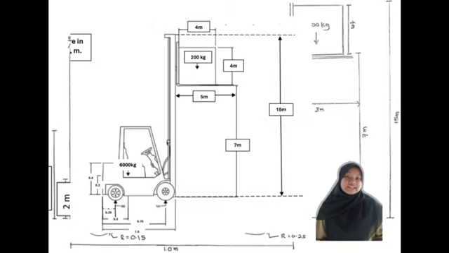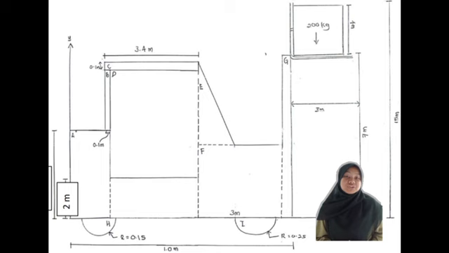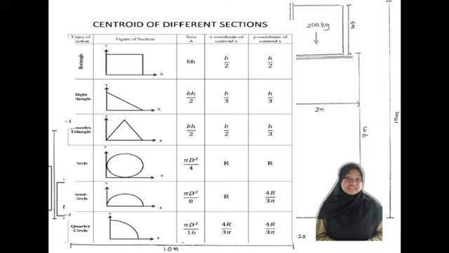Before we start calculating, you must know some of the formulas being used in this part, which are the area, the center of X, and the center of Y for all the sections being used. You can see here, this is the formula that will be used in this calculation.